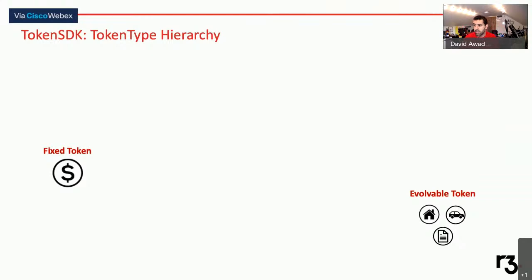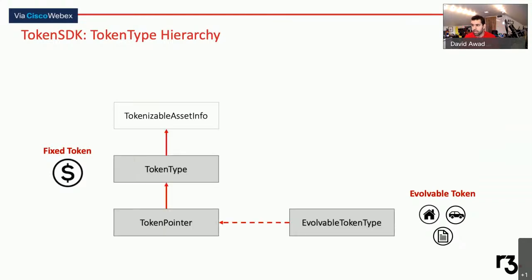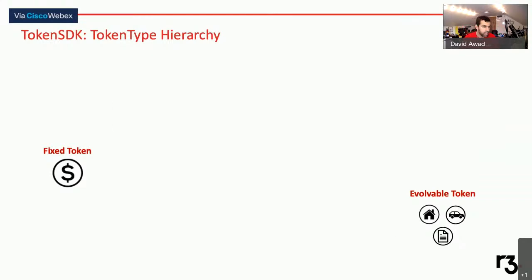So we see the fixed token type on the left here. Actually, let me hide that for a moment. We see the fixed token type on the left here and the evolvable token type on the right. And our goal is to create token type objects. So with fixed tokens, we can just create a token type object. It's fixed. It does not change after the fact.